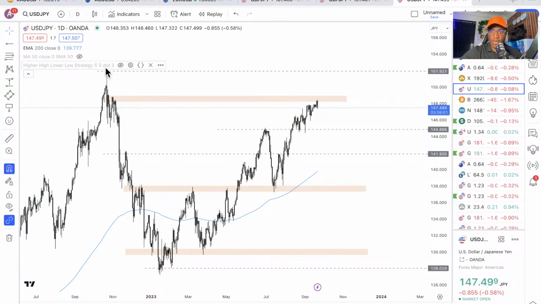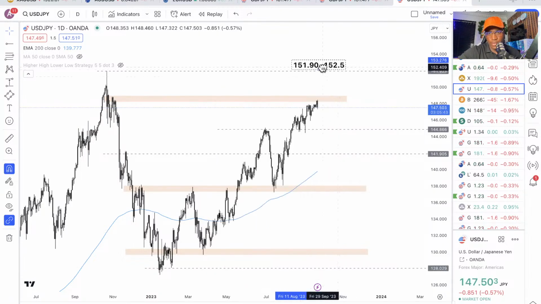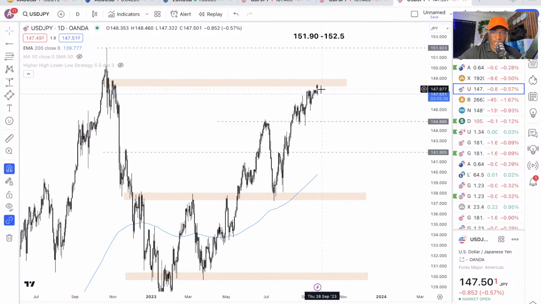Let's just call that 151.9. Let me indicate that for you guys as well. Now we can see the market is reacting to a key level, right?